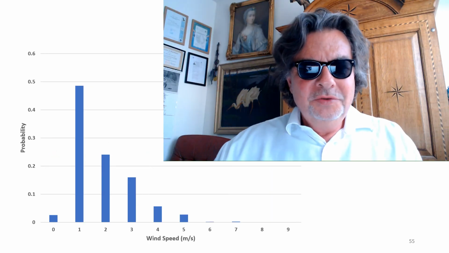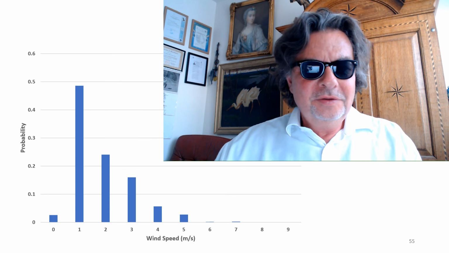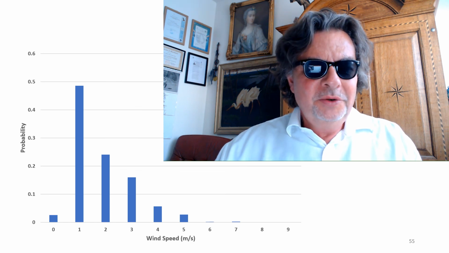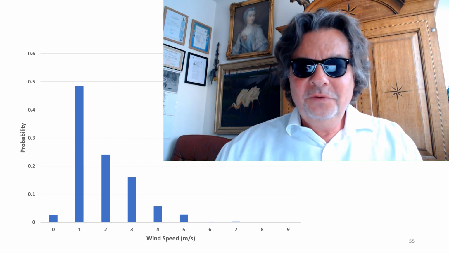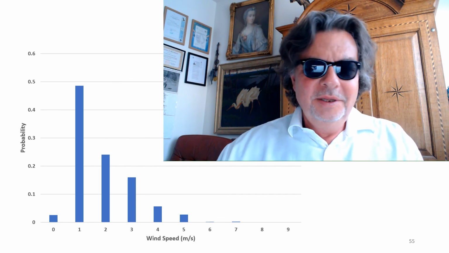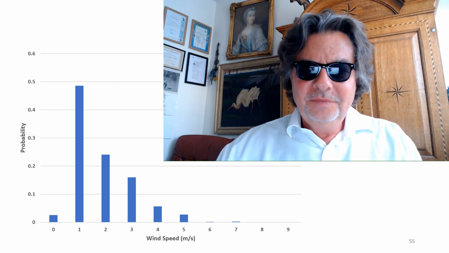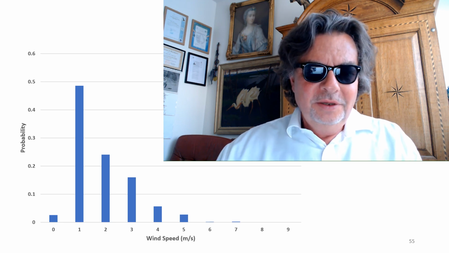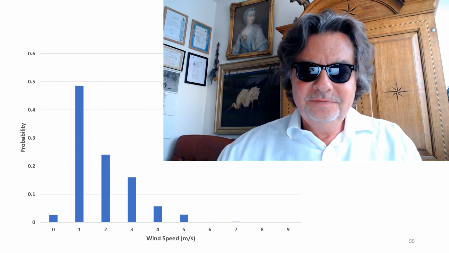The probability distribution of wind speed looks like this. Very rarely we have 0 meters per second, and very often we have 1 meter per second. In this area, it's very uncommon to have more than 5 meters per second.